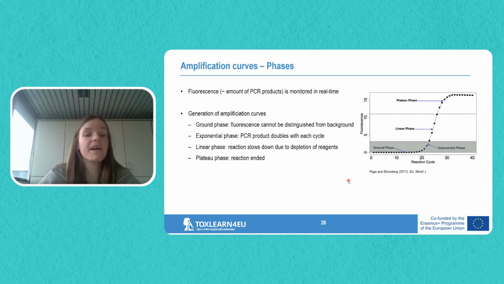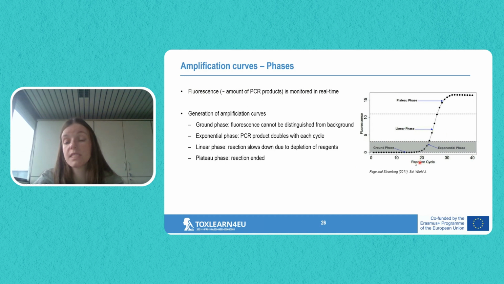So what the device will do is it will monitor the fluorescence that is generated in real time. And of course, the fluorescence resembles or is linked to the amount of PCR product that is formed. So what you will get then, or what the machine will generate, is so-called amplification curves.